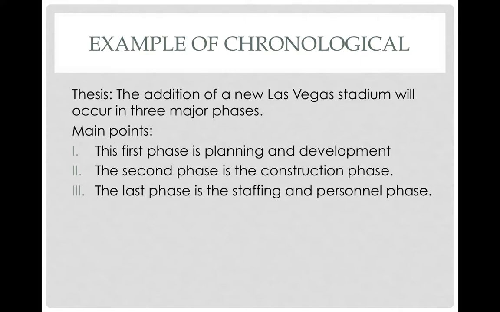It's up to you to reduce the flow of events down into 2 to 4 episodes, eras, phases, stages, moments, however you want to conceive of that, so that you can break the time up into 2 to 4 main points. So that's chronological ordering.